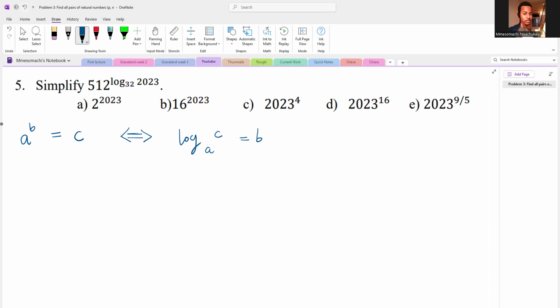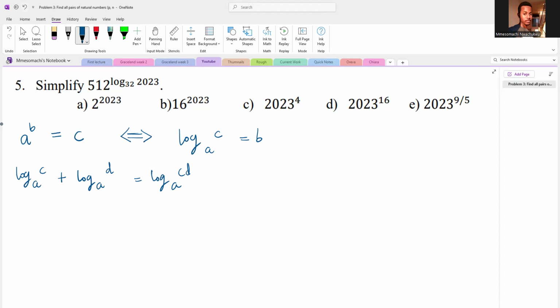So this is the equivalent statement of logarithm, and there are some very basic laws of logarithm. If we have log to base a of c plus log to base a of d, this is equal to log to base a of cd, so c times d.